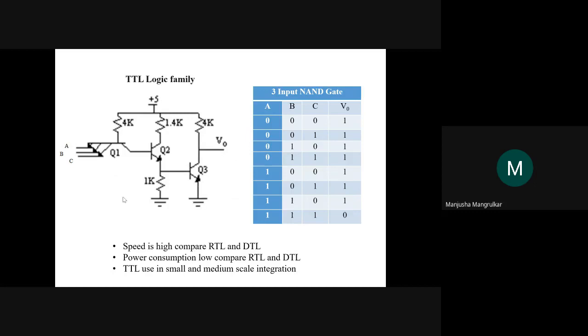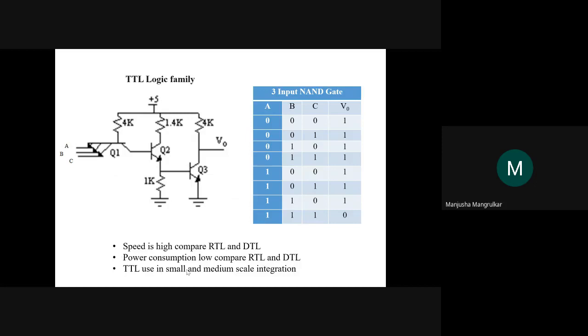So when all the inputs are 1, your output voltage is 0. This circuit gives high speed as compared to DTL and RTL. Power consumption is lower as compared to resistor transistor logic and diode transistor logic, right?